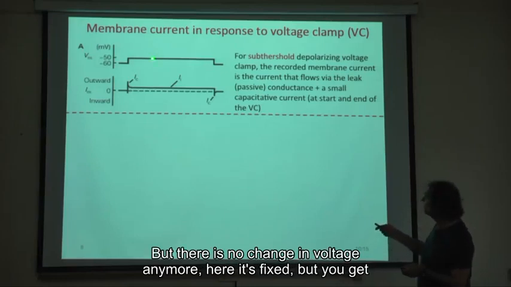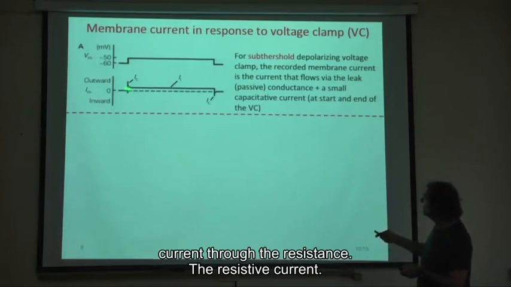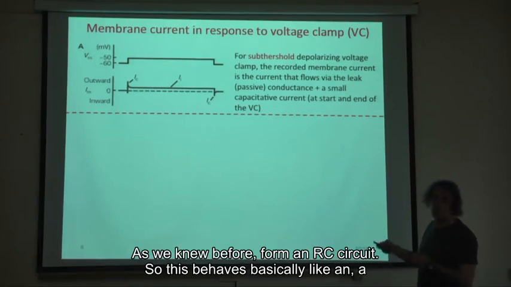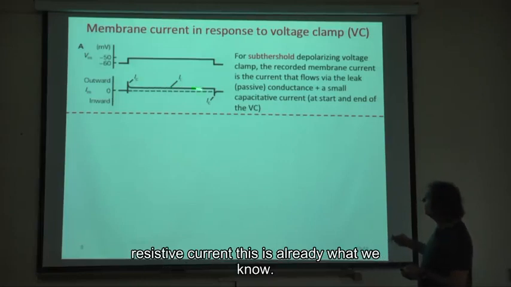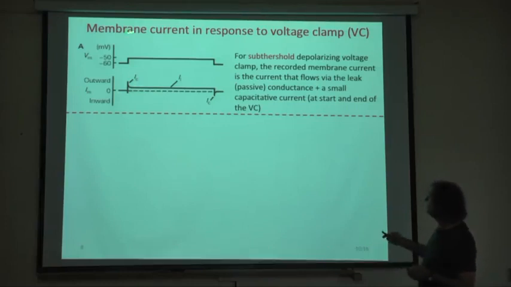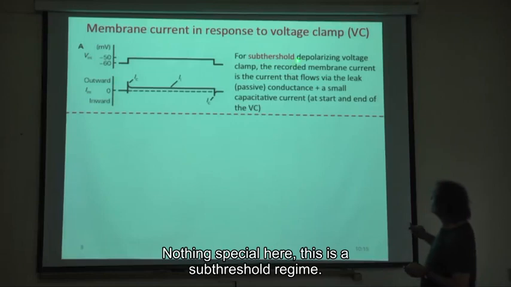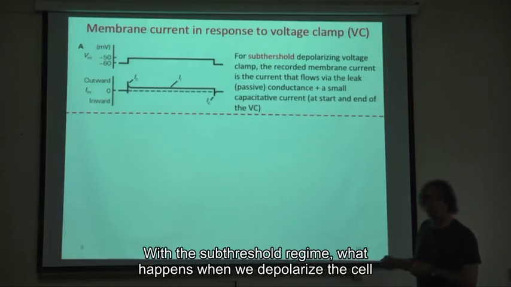But there is no change in voltage anymore. Here it's fixed. But you get current through the resistance, the resistive current, as we knew before from an RC circuit. So this behaves basically like a passive RC circuit. There is a capacitance, and there is a resistive current. This is already what we know. Nothing special here. This is a subthreshold regime.